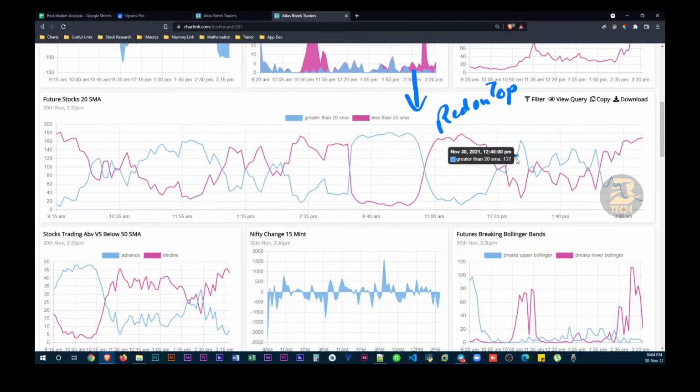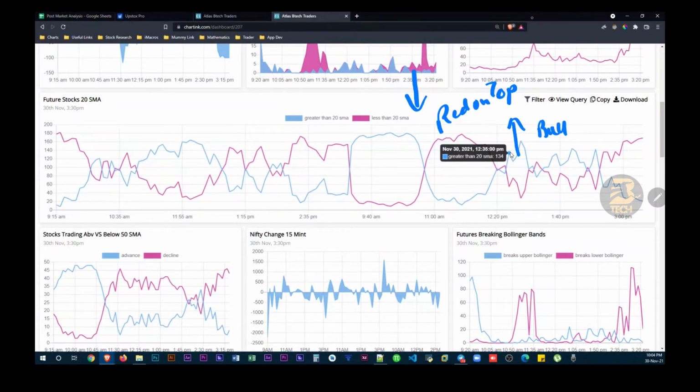And after some time, at 12:35, it shows the blue line on top. That means it is a bullish signal. So whenever there is a red line on top, it is a bearish indicator, and whenever there is a blue line on top, the market is currently bullish.